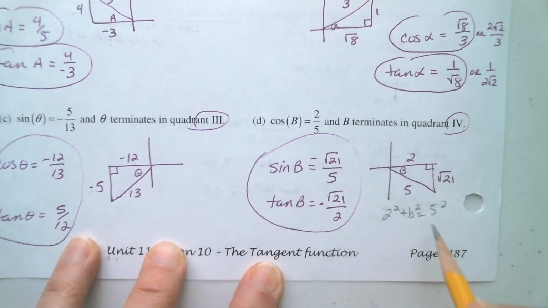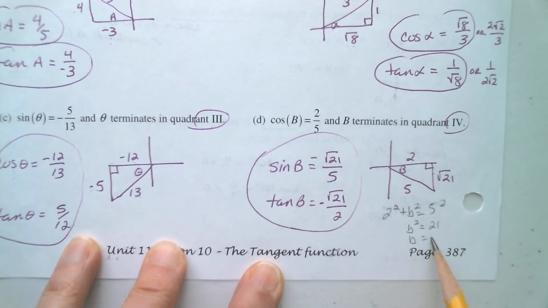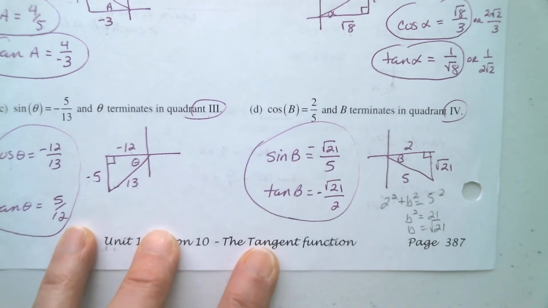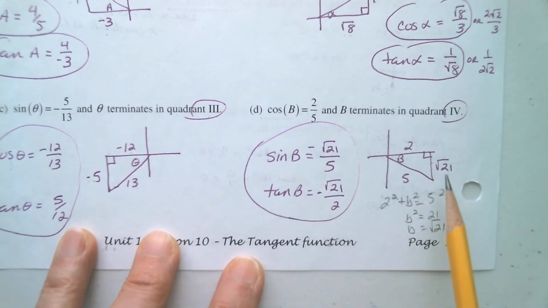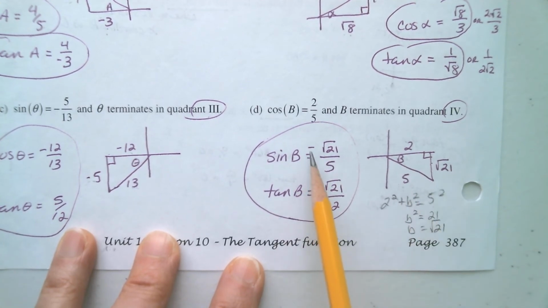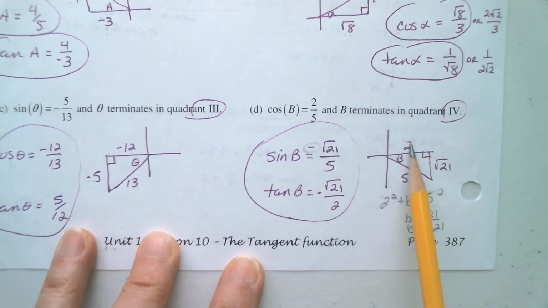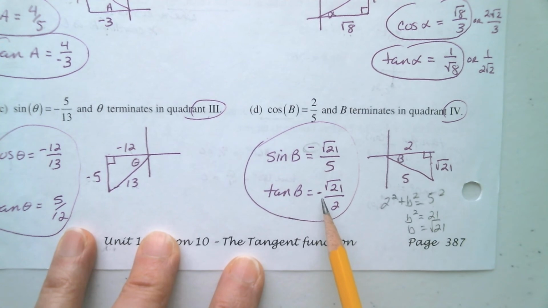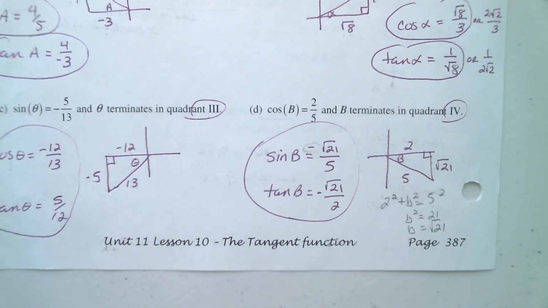Subtract 4 from 25 is 21. So b squared equals 21. So b equals the square root of 21. Sine is opposite over hypotenuse, so that'd be the square root of 21 over 5. But we're in quadrant 4, so don't forget the negative, right? And tangent is opposite over adjacent, negative square root of 21 over 2. Thank you.